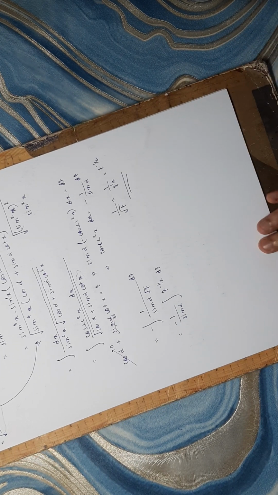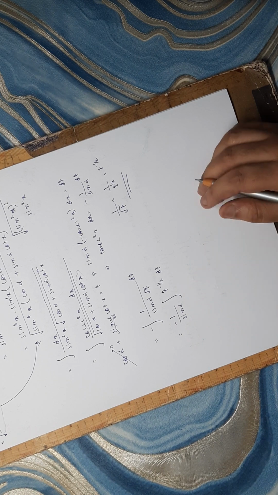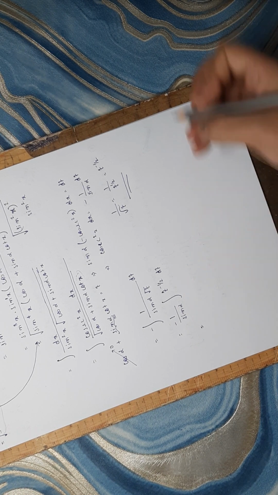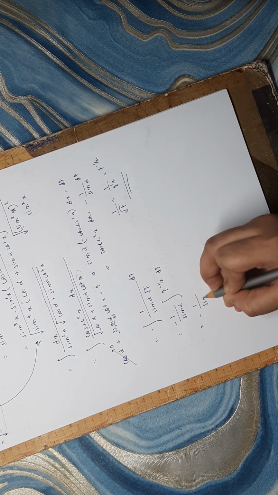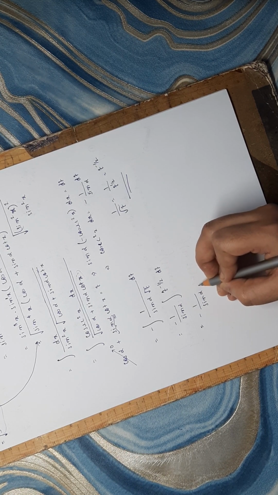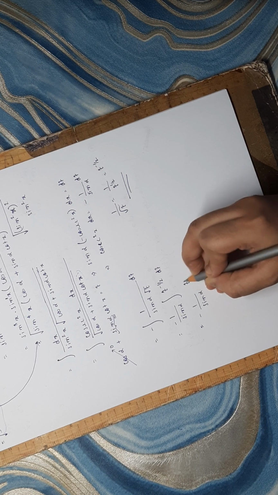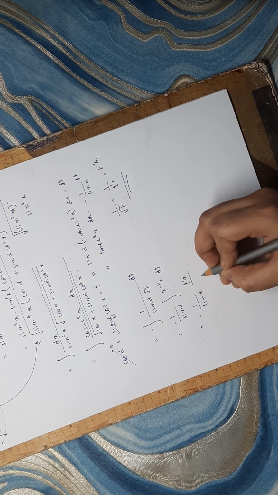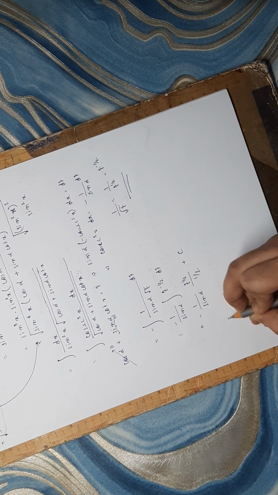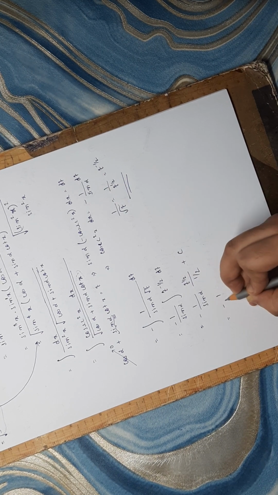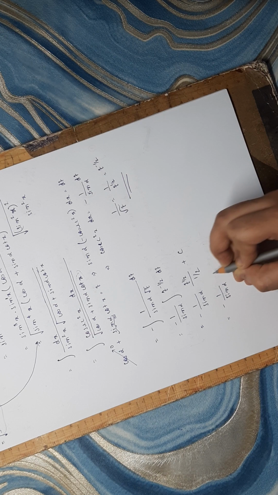Now that we have reached here, what next? Simply integrate. So we will have t to the power minus half plus 1, which is nothing but t to the power half, divided by minus half plus 1, which is nothing but half, plus c. So we will essentially be left with 1 by sin alpha.